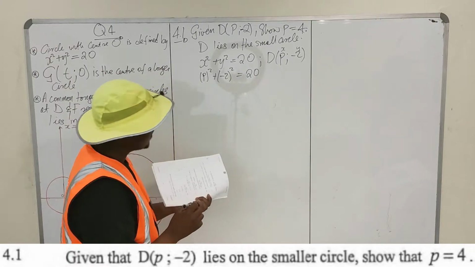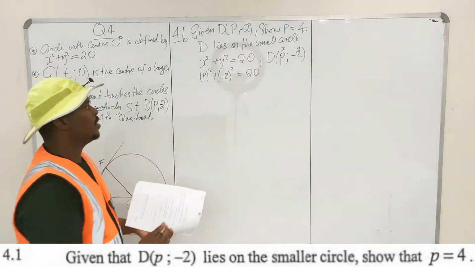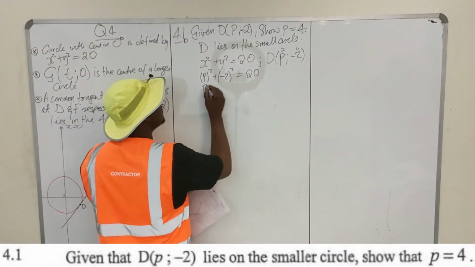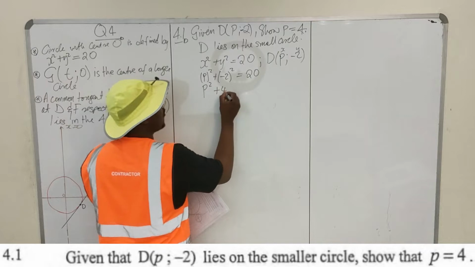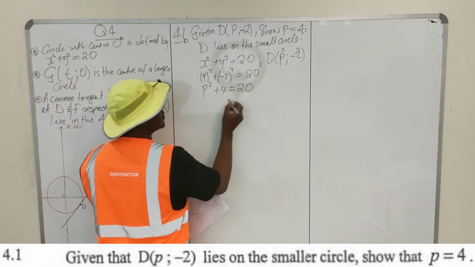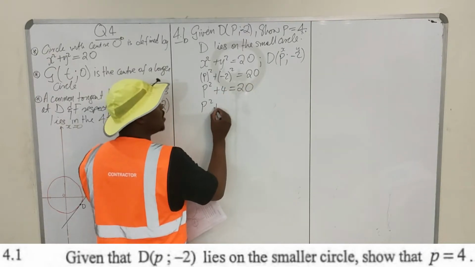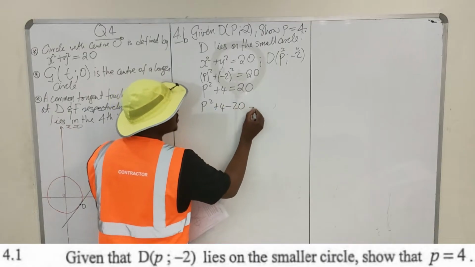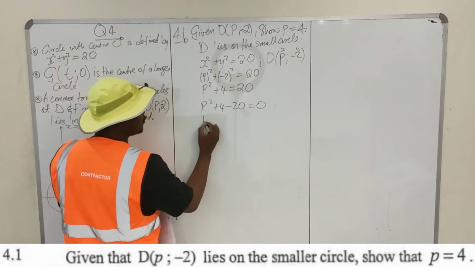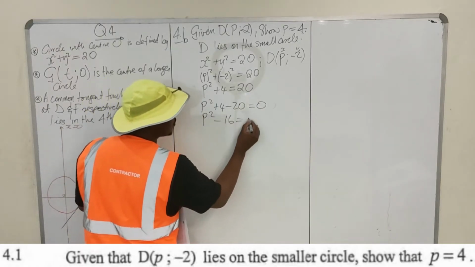Now you can solve for p: p squared plus 4 is equal to 20, so p squared plus 4 minus 20 is equal to 0. So p squared minus 16 is equal to 0.